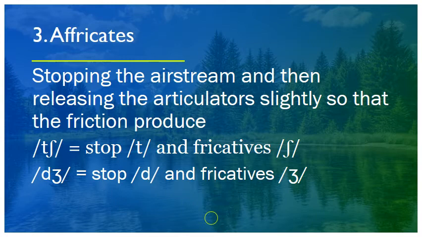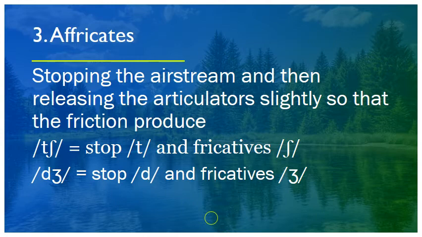like the sound of ch. The sound of ch is the combination of the stop sound of t and the fricative of sh. So it becomes ch. The second sound is j.